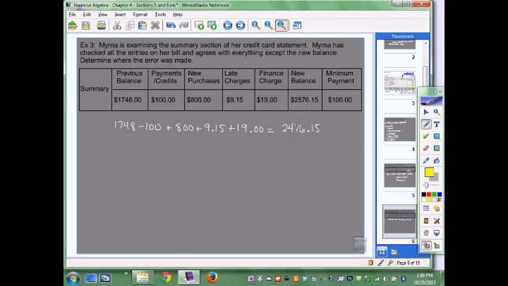Okay, well, what error would cause that? It's $100 off, right? If I added 100 instead of subtracting 100, I would get 2576. Hold on, I might have lied about that.